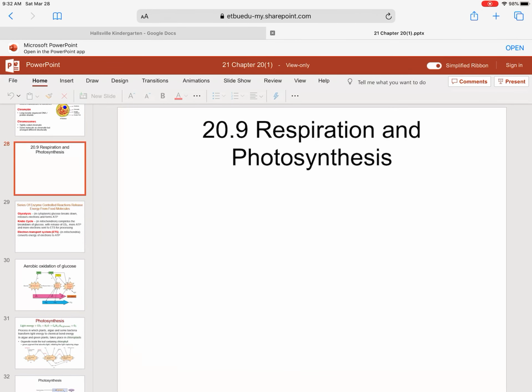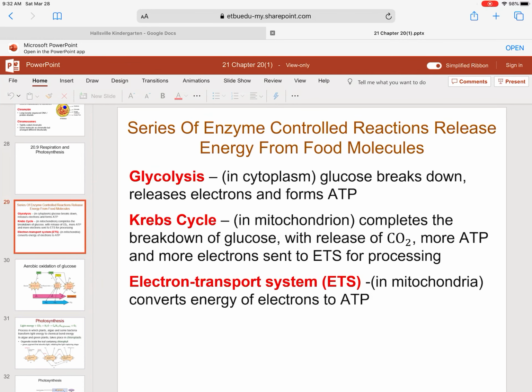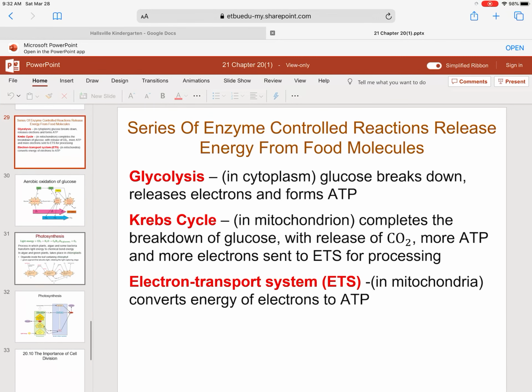All right, so let's talk about respiration and photosynthesis. So this is how the series breaks down when we eat food. So glycolysis occurs in the cytoplasm. It's where glucose is going to break down and release electrons and form ATP, and so ATP is the currency. So if you don't eat, you're not producing ATP.